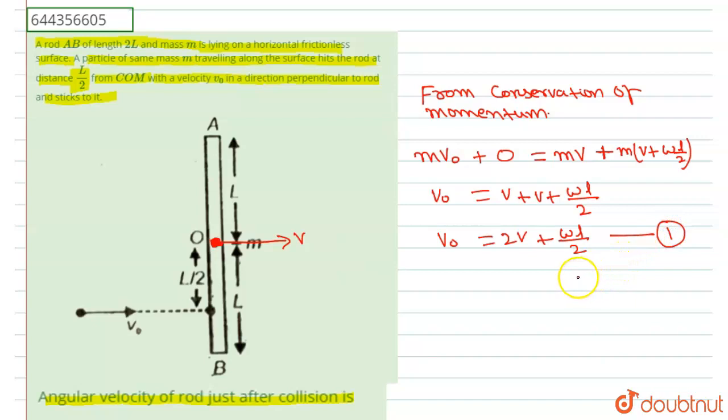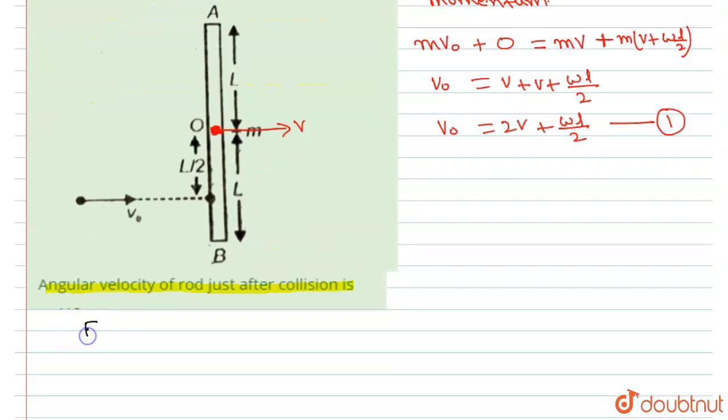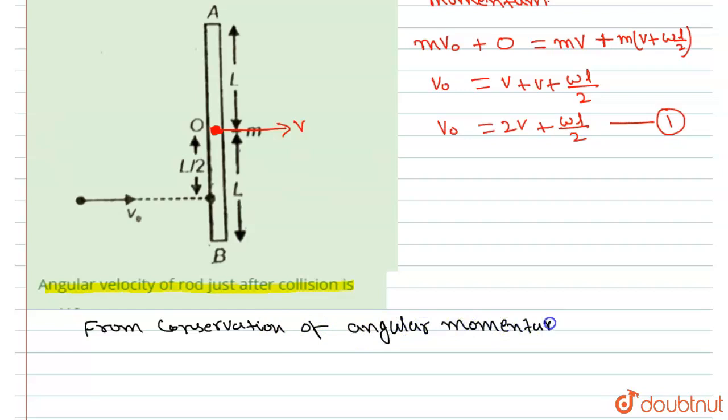Now we apply the conservation of angular momentum about the point O. Initial angular momentum should be equal to final angular momentum about the point O. Initial is the mass of the ball into the velocity of the ball V0 into L by 2.